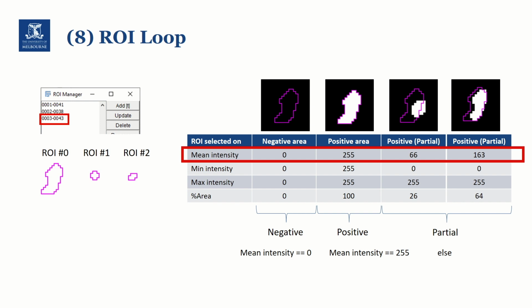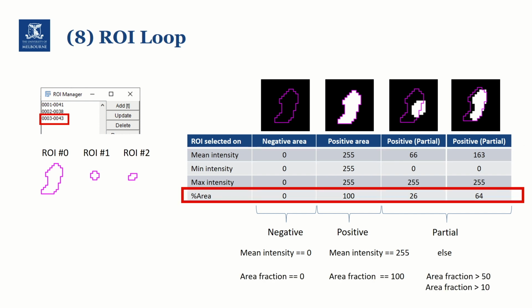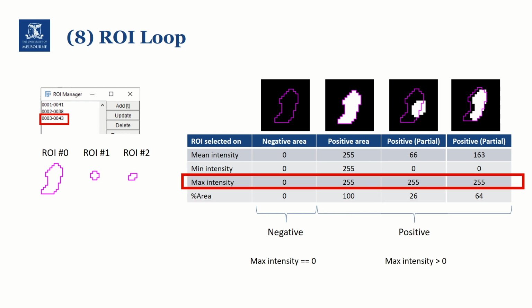Or if we are using the area fraction, we can set the value even more specifically. So there are many different ways to categorize groups based on our needs. In this example, we will use the max intensity value and count every cell that has any signal as positive.